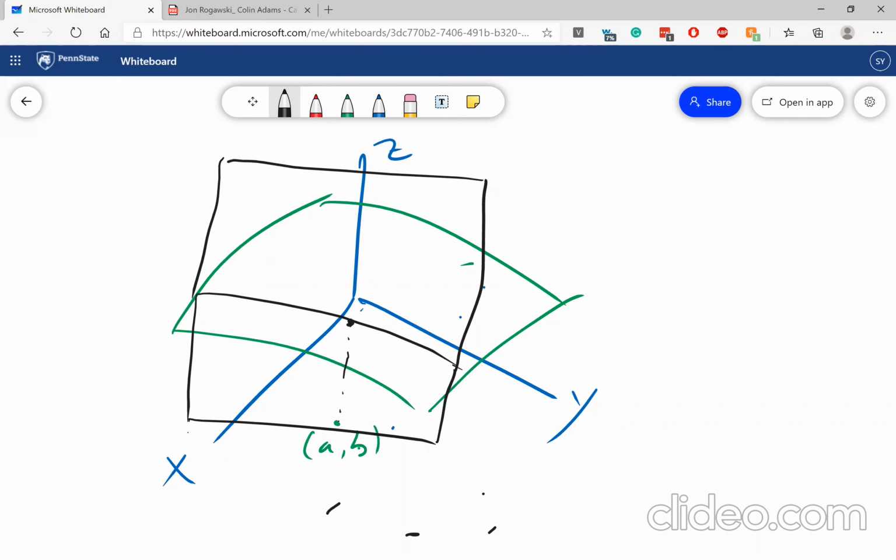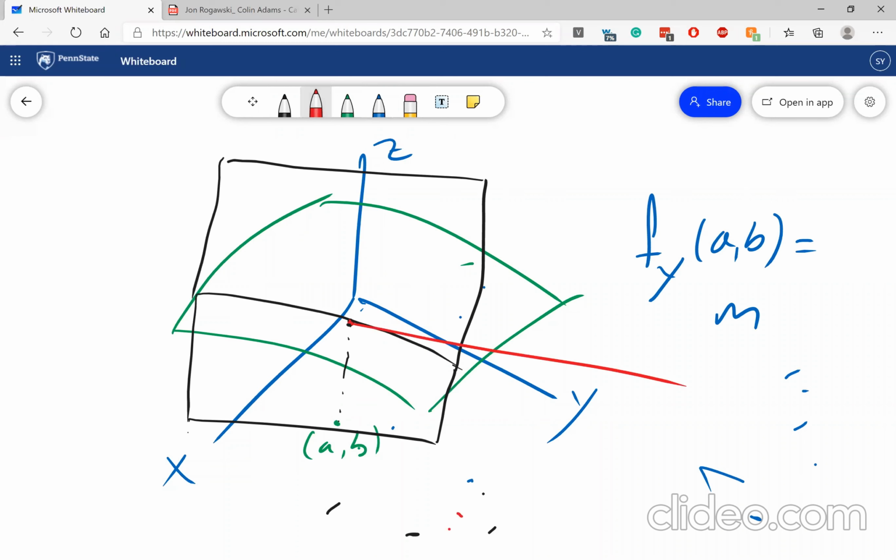And now when we take the partial of f with respect to y at AB, that's going to be equal to the slope of this line over here, tangent to that curve.